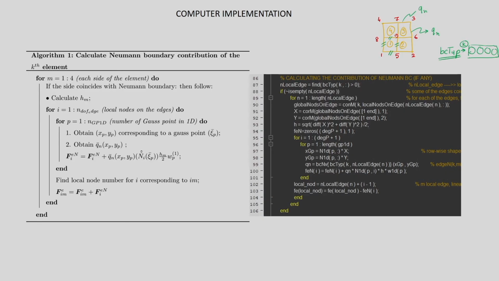Now, how did we represent that an edge corresponds to a Neumann boundary? We said that any boundary which is shared by or coincides with the Neumann boundary is denoted with a positive number. So, this boundary we denoted as 1, this boundary we denoted as 2 and this boundary we denoted as 3.